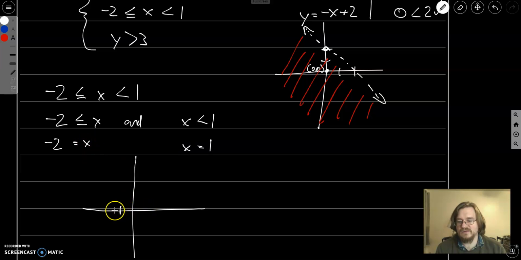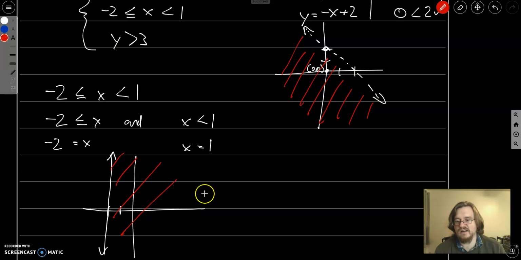So when x is equal to negative 2, that is this line over here, and we have a less than or equal to. Because negative 2 is less than or equal to x, we're looking at x's that are bigger than negative 2, which should be all of the x's on this side.